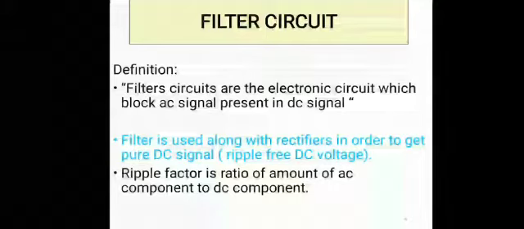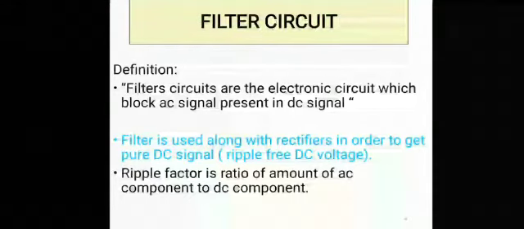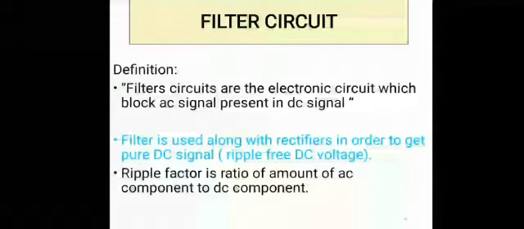In practice, even though a filter circuit is used to remove the AC component, we never get pure DC. A few percent of AC component is present in the DC at the output of the filter. Now we'll come to know what the ripple factor is. Ripple factor is the ratio of the amount of AC component to the DC component.